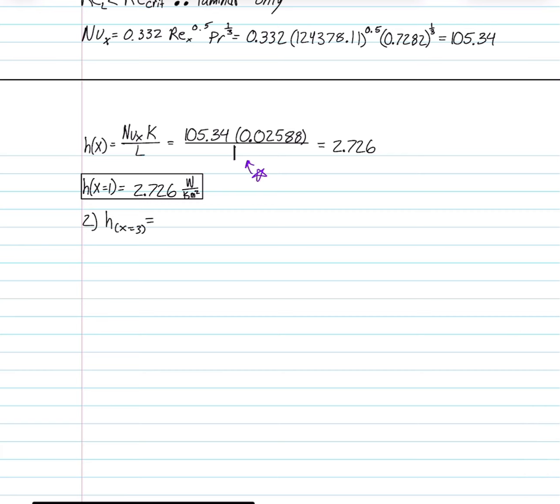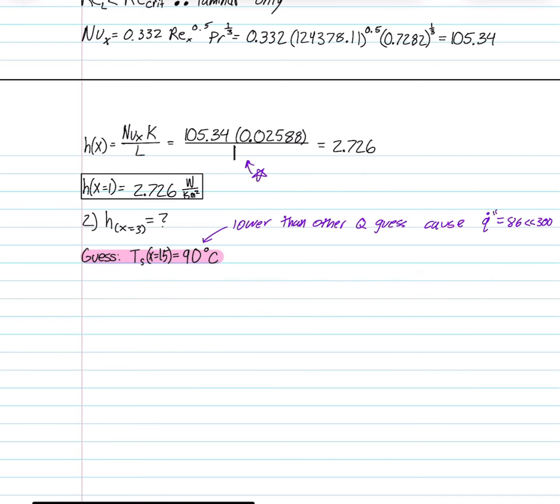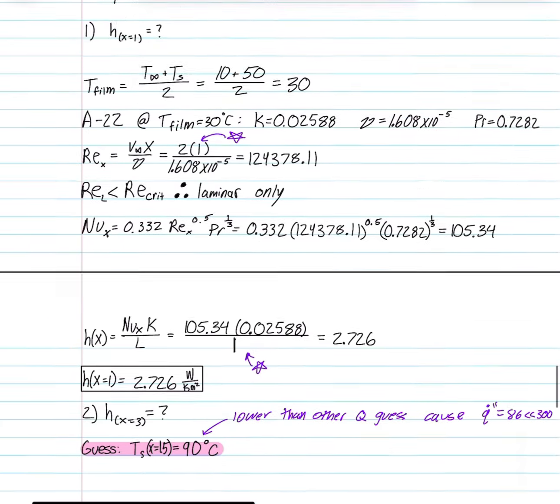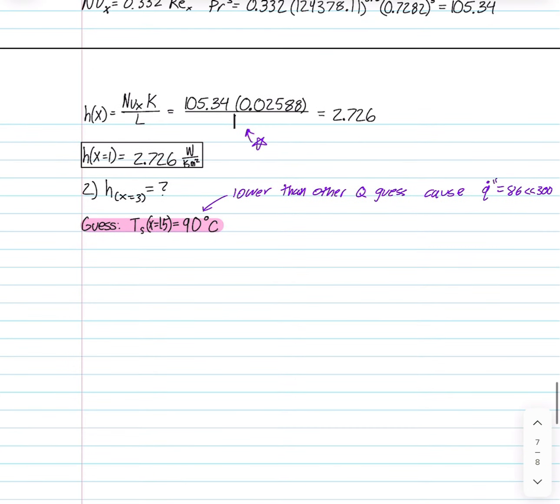So now we want to find the heat transfer coefficient at x equals 3. So what you would probably initially, intuitively do is subtract off the section that is constant surface temperature, but just treat this problem as if your whole flat plate has uniform constant heat flux up until x equals 3.